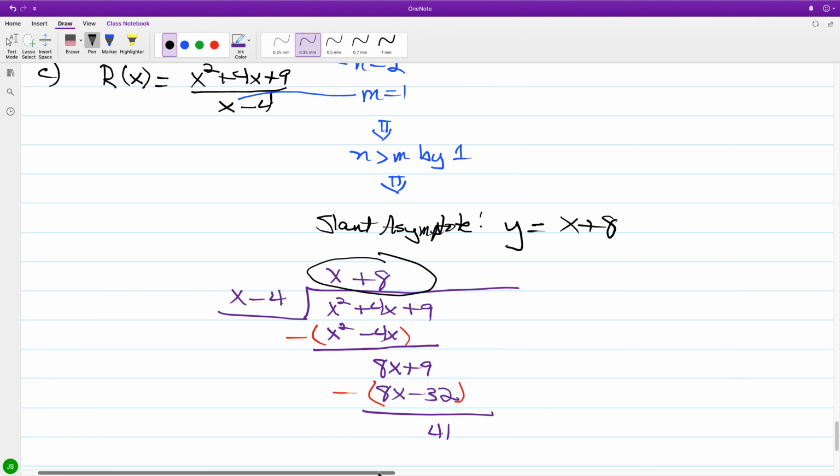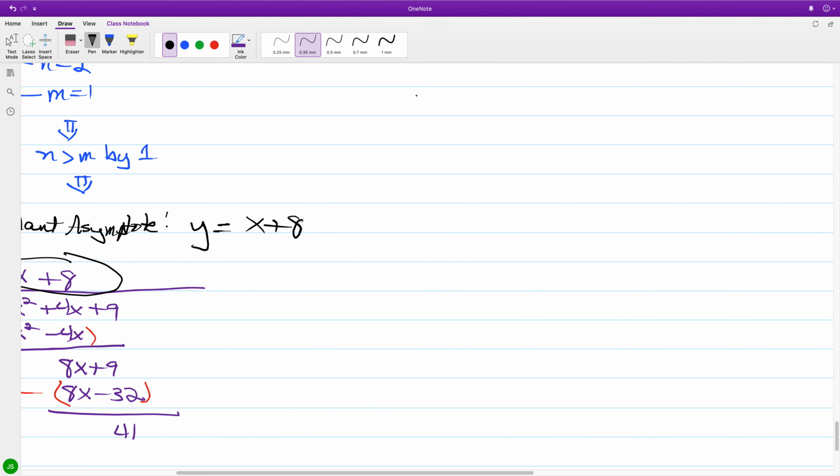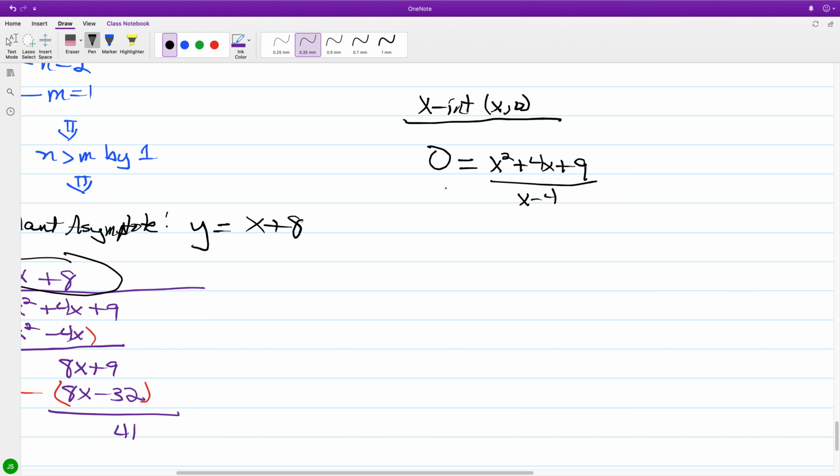In the case of the x and y intercepts, again, r of x is functional notation for y. If we set it to 0, we have 0 equal to x squared plus 4x plus 9, once you multiply this ratio by x minus 4.